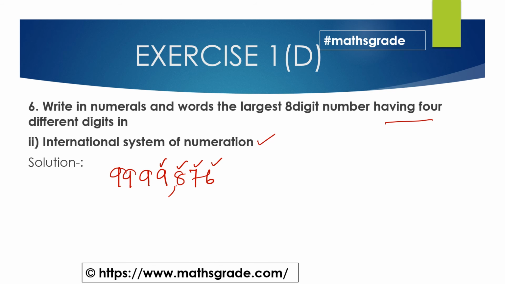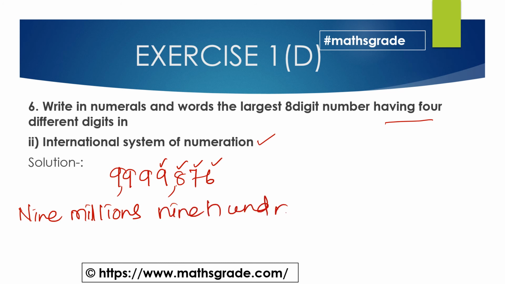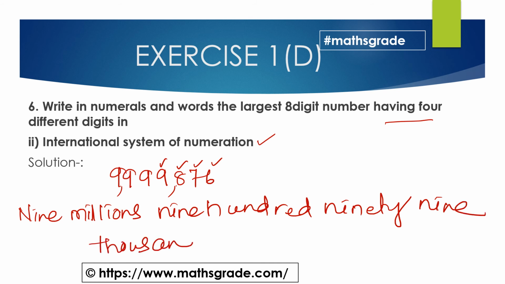This is the numeral form in the international system of numeration of this largest 8-digit number having 4 different digits, and in word form it will be 9 million 999 thousand 876.